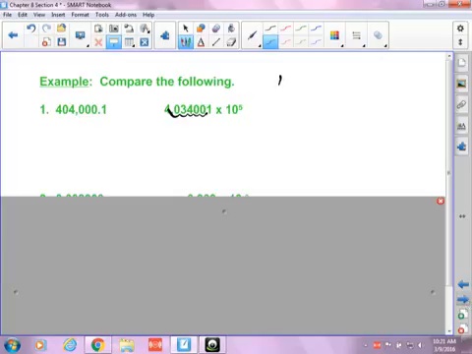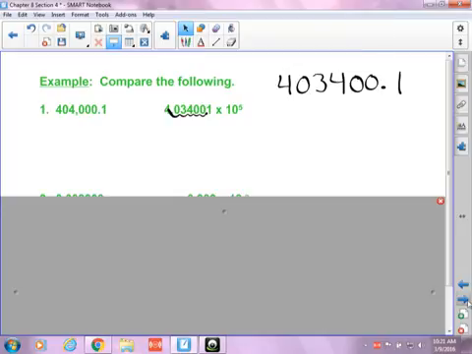So the number is 403,400.1. The other one, I'm going to line up underneath it, and I'm going to line up the decimal. Remember in elementary school, when you added and subtracted, you have to line up the decimal? Okay, so I'm going to line it up.